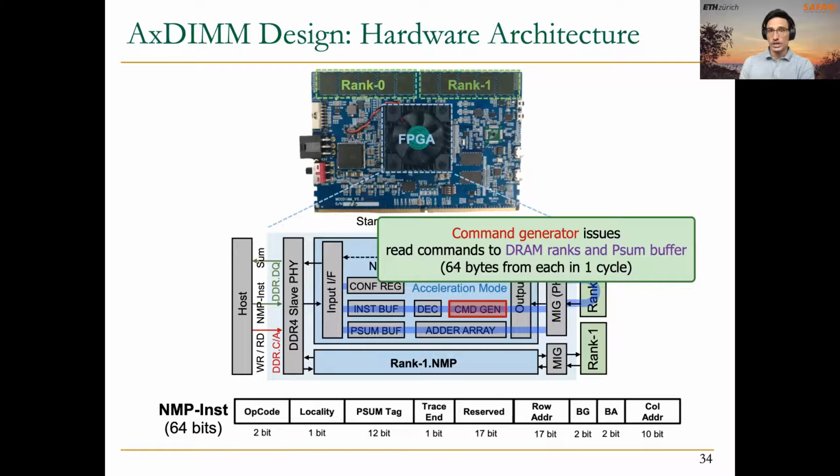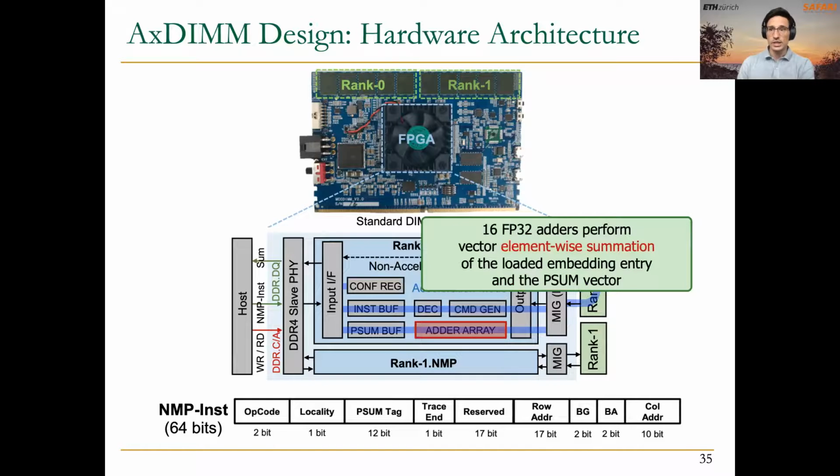As you can read in the slide, in one cycle the command generator generates the command to fetch a burst of 64 bytes. The adder array is composed of 16 floating point 32-bit adders that perform element-wise summation of the loaded embedding entries and the PSAM vector.